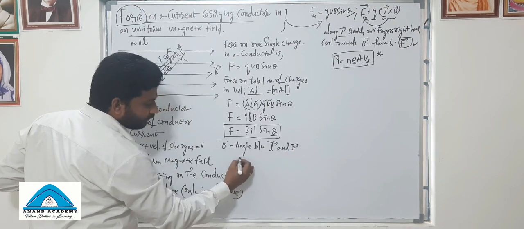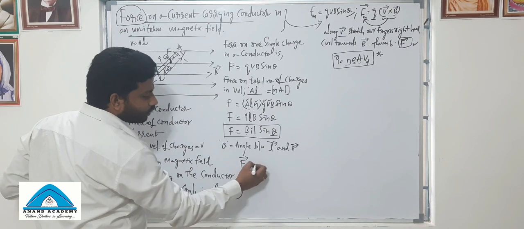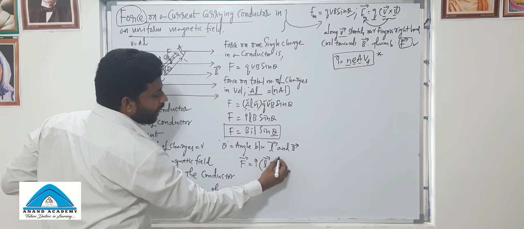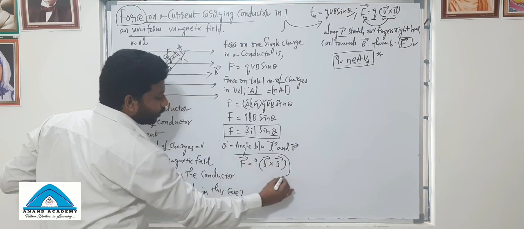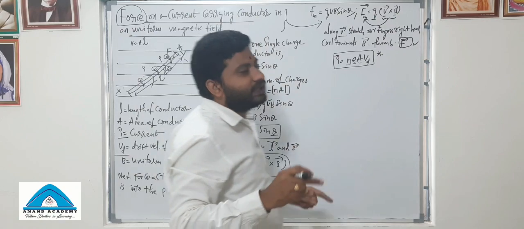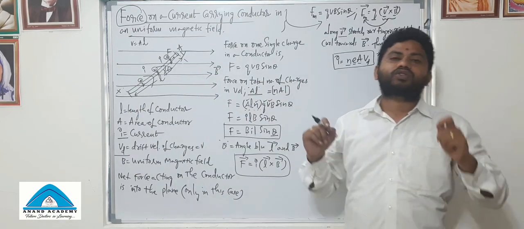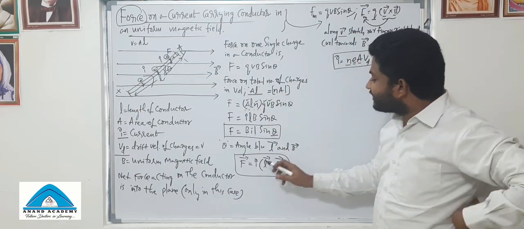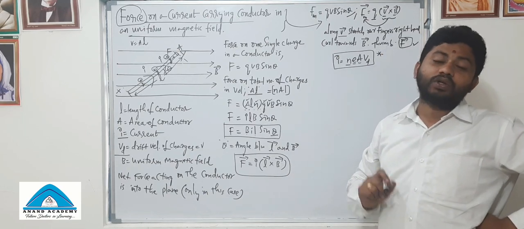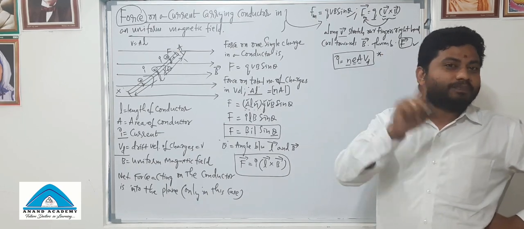Then I can write F bar is equal to I into L bar cross B bar. Look at the interesting equation. The net force on a current carrying conductor is I into L bar cross B bar.